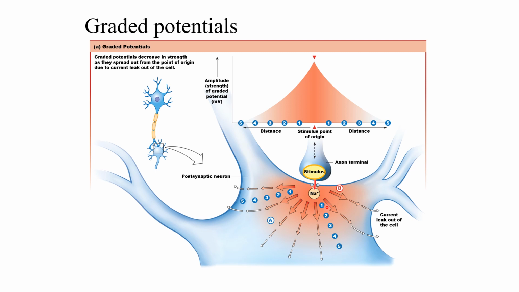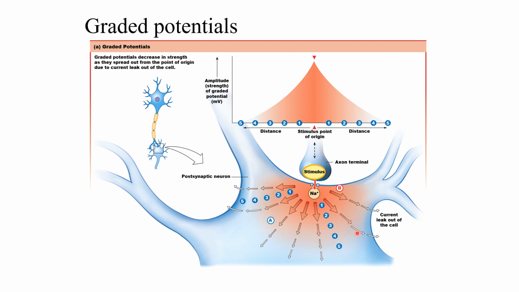Now, as the sodium enters into the cell, that's going to cause the inside of the cell to depolarize. And as the depolarization spreads, as you can see with the arrows, its strength actually starts to degrade.